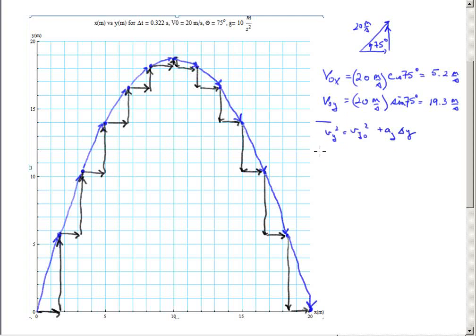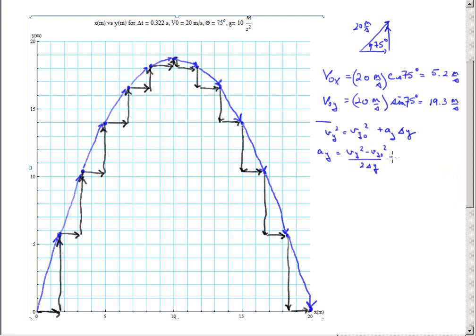And if you do that, you get a sub y equals Vy squared minus Vy naught squared over 2 times delta y.